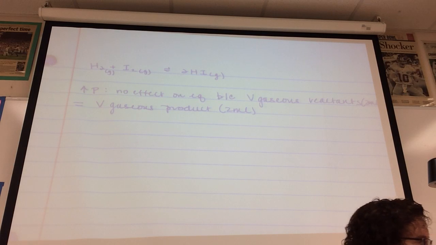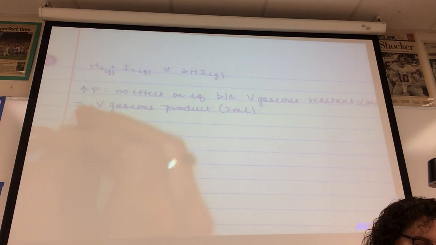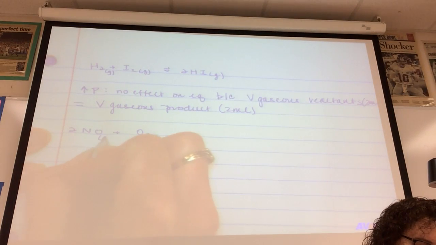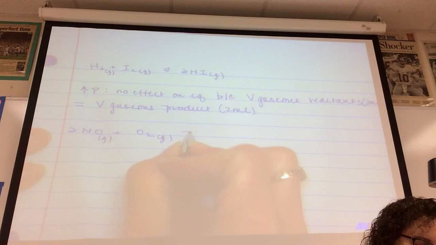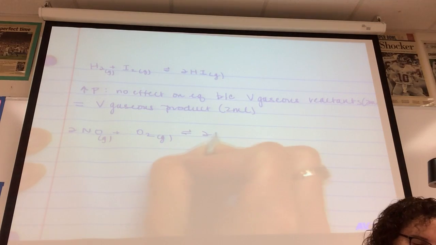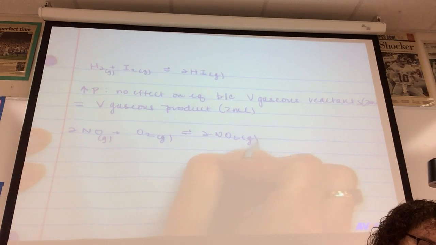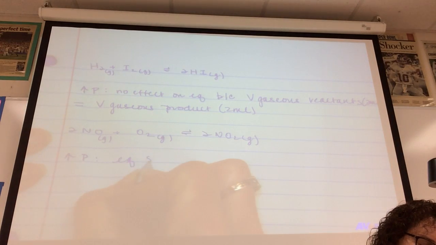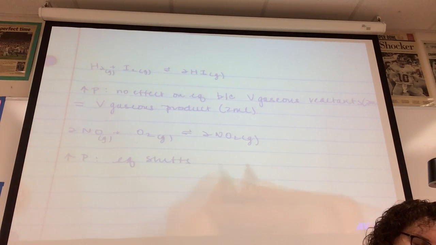In contrast, if you have this reaction and you increase the pressure, equilibrium shifts which way?